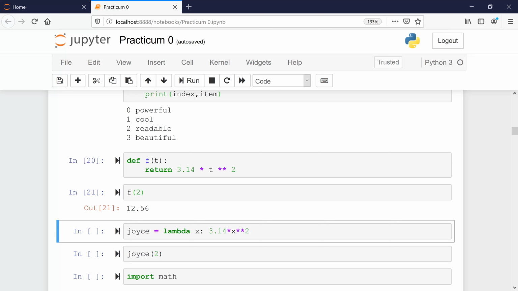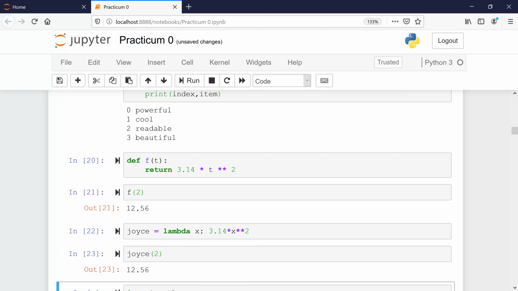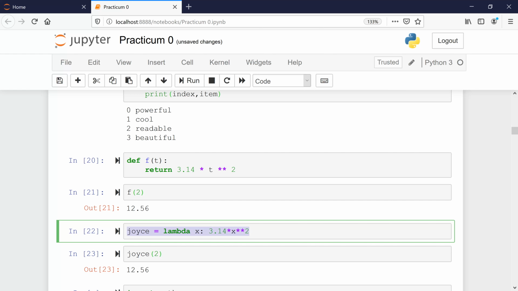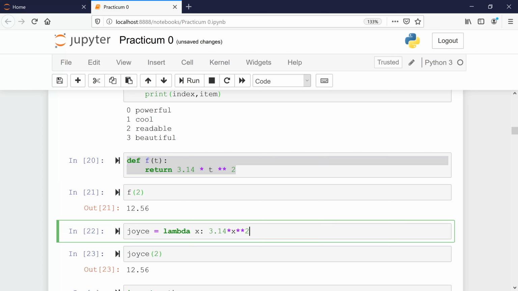Of course, you can put here t, but then you have to put t here. So Joyce now is the same as disk_area, and Joyce of 2 should give the same result. This is a convenient way, if you have a simple expression like this, to define functions. So you can use this syntax or this one.